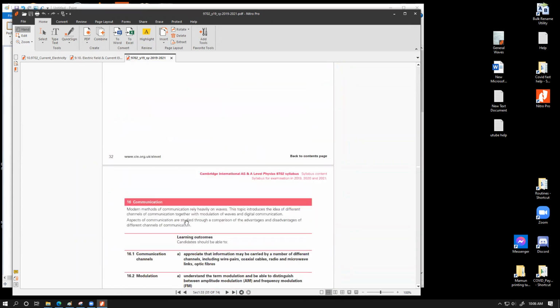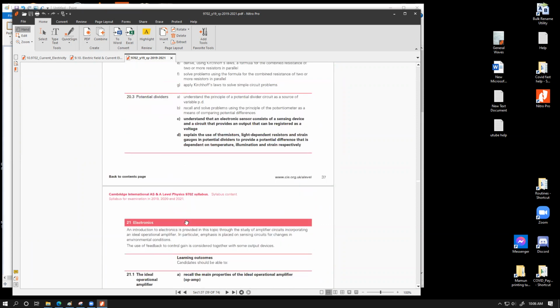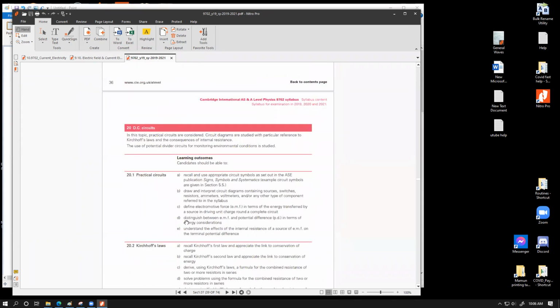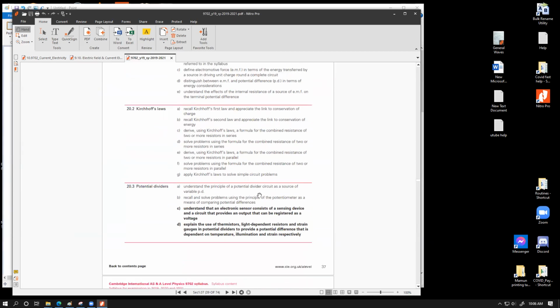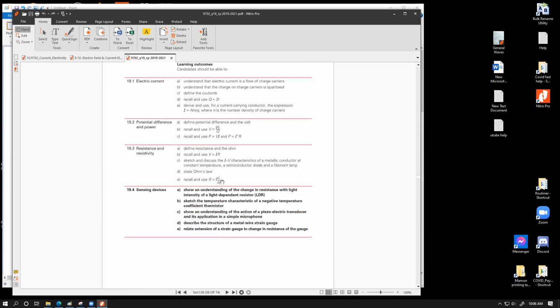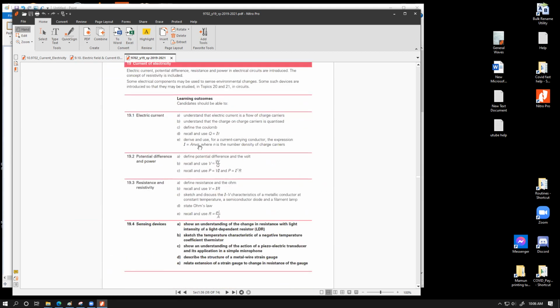In a moment. It's open, the sound will not be a problem, it's perfectly all right. Derive and use for a current carrying conductor the expression I equals NAVQ, where n is the number density of charge carriers. Okay, no problem.